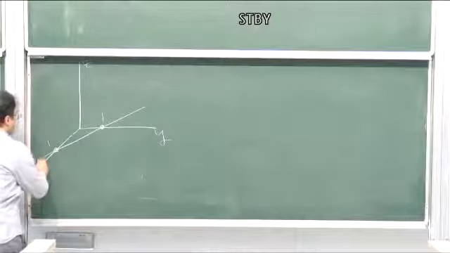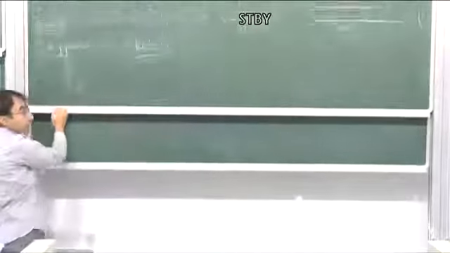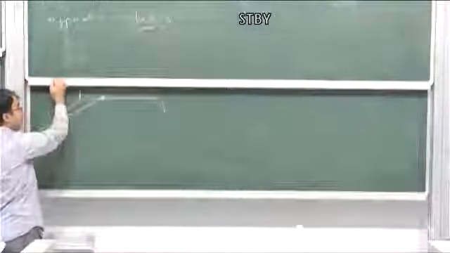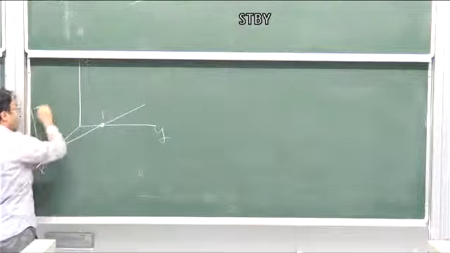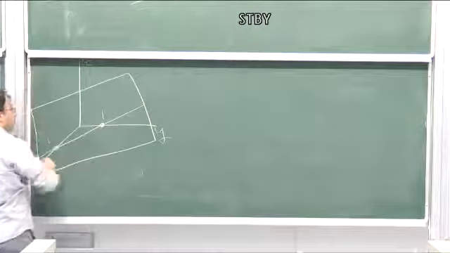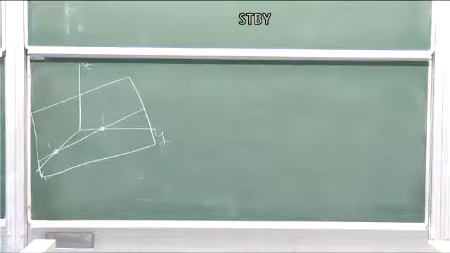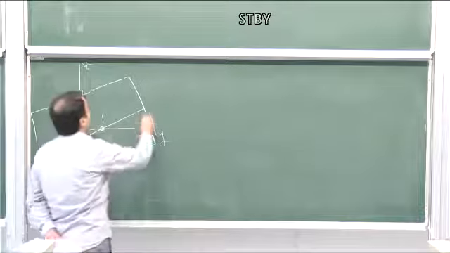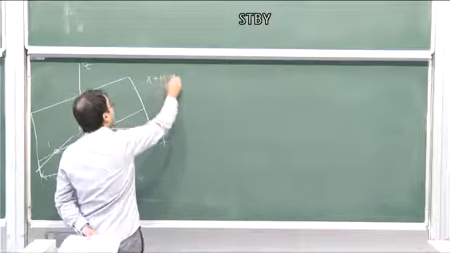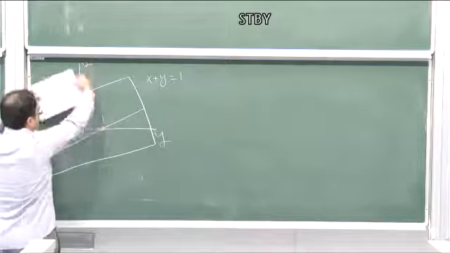Okay. Then what will happen? You see in this equation, we do not have z, so z could be anything, which means the plane goes in all directions. Okay, so this is the plane x plus y equals 1. So this is the plane that goes above this.